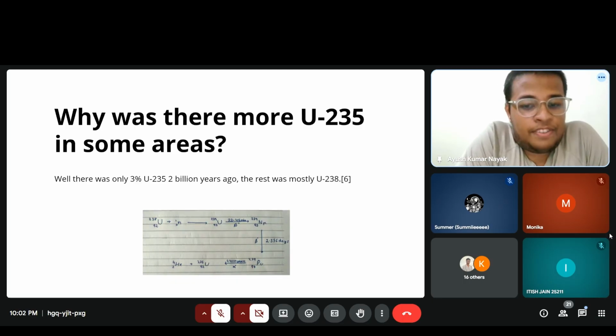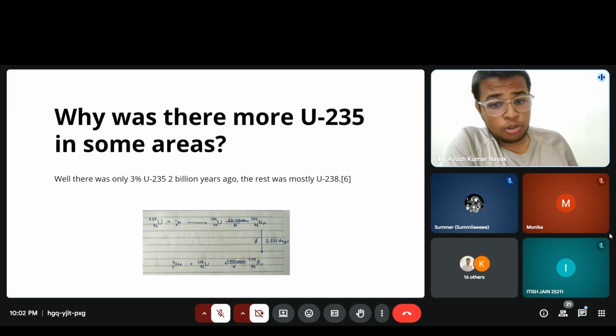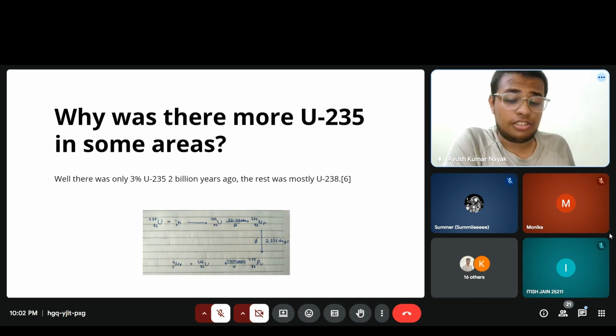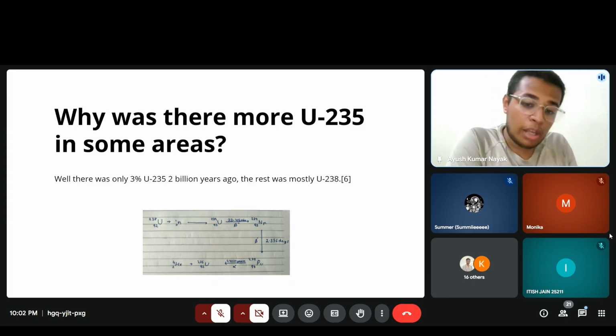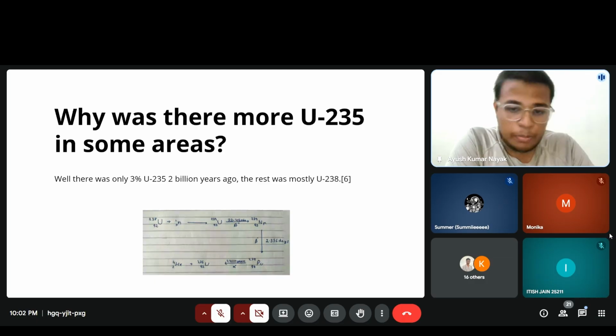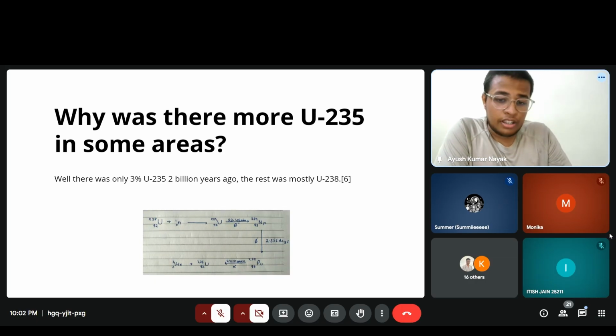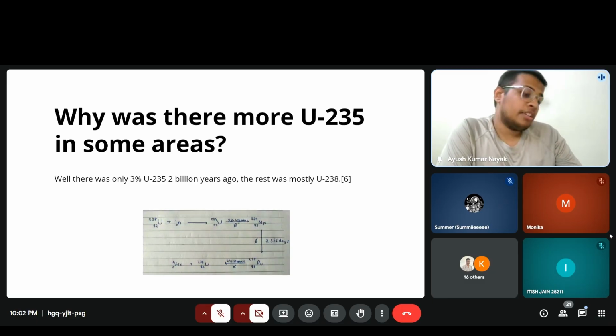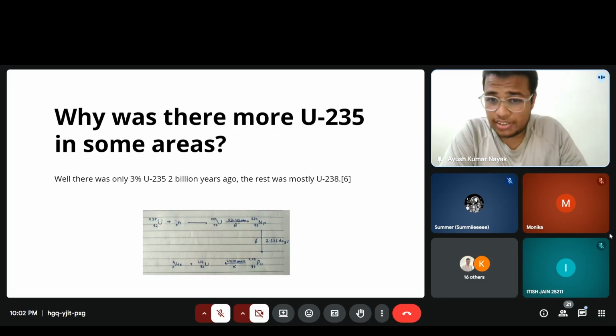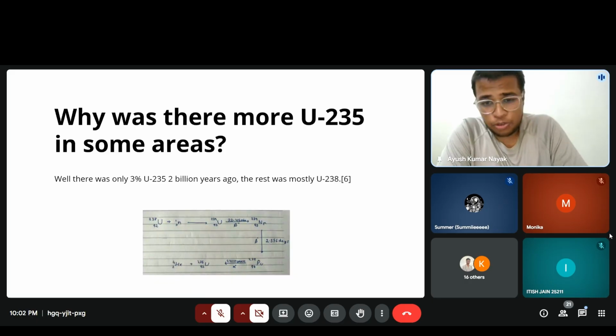And plutonium 239, in 24,110 years, at least half of it gets converted to uranium-235 by alpha emission. That is, the mass of plutonium-239 gets reduced by 4, and the atomic number reduces by 2. So uranium-235 is hence formed, and that's the reason why some areas had a concentration of uranium-235 higher than expected.